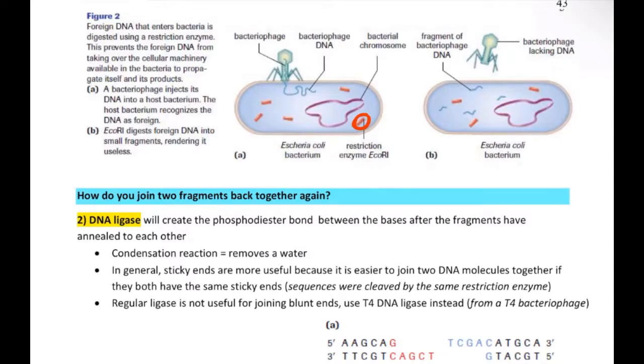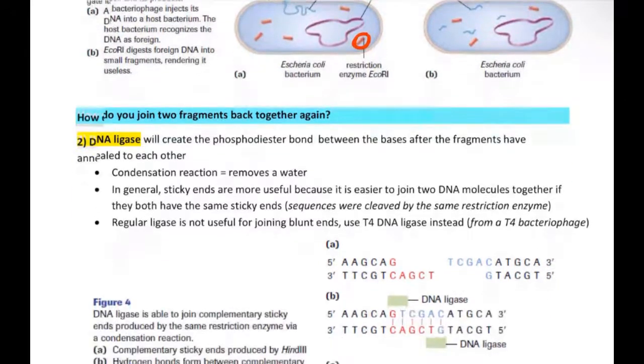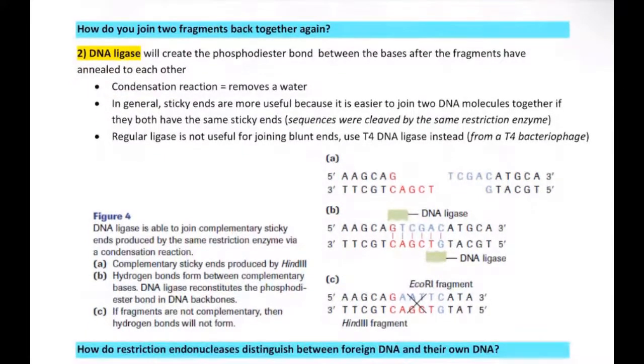Okay. So we know how to cut the sequence. In those little videos I already showed you, we know how to join it back together again. And that's with our DNA ligase. Okay? And it will create a phosphodiester bond, and it's between the bases, but it's on the sugar phosphate backbone. That's where the actual bond exists.